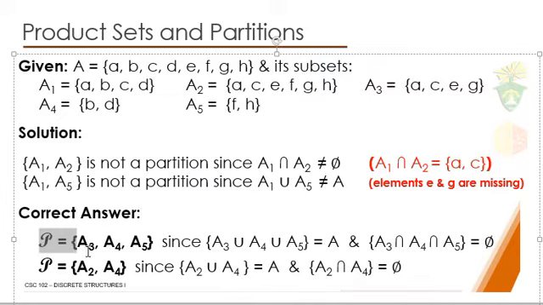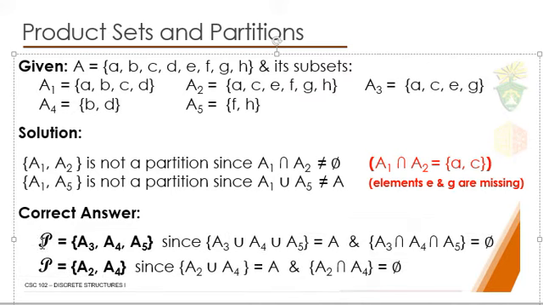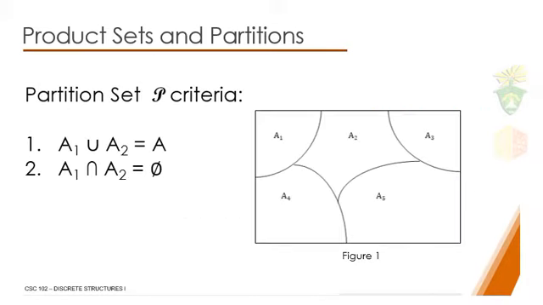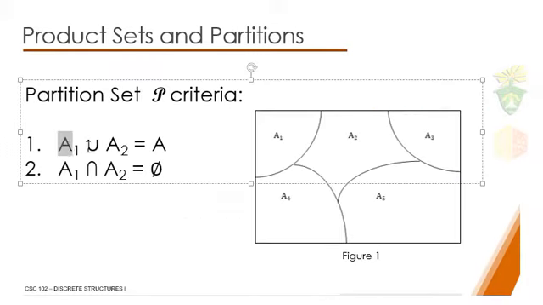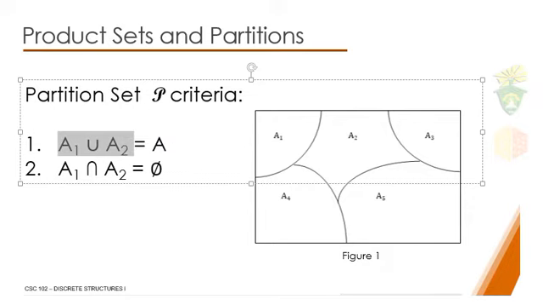So, the correct answer, we have actually two. So, karon, first, let's check A sub 3, A sub 4, and A sub 5. Partition set, basig ni siya. So, let's try the first criteria. Ang union sa tulo ka sets mo-equate to A. So, mo-equate ba?